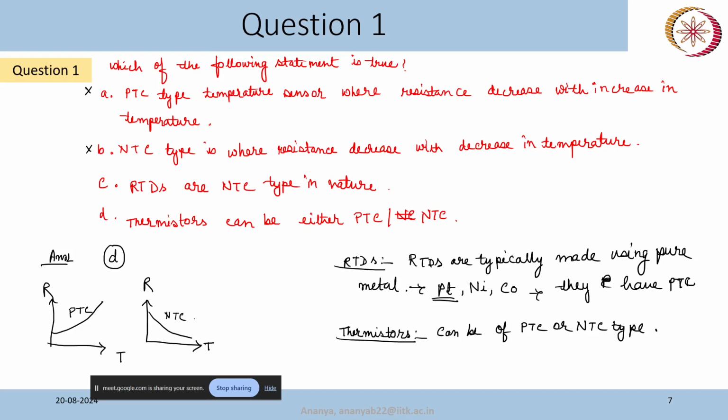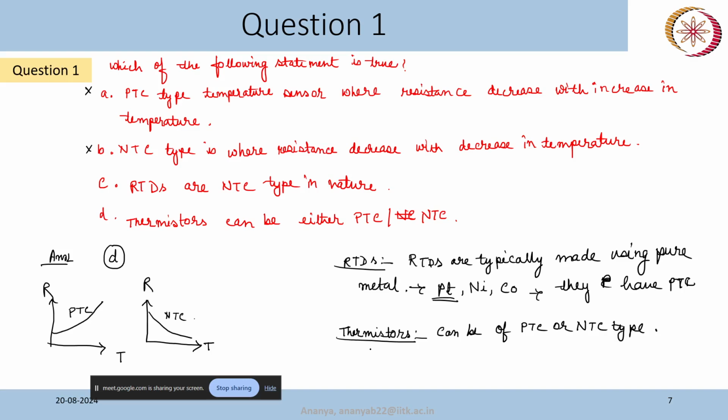PTC type thermistors are used in circuits as protective elements. As the temperature increases, resistance becomes very high, so it limits the current. It can be used like a fuse.